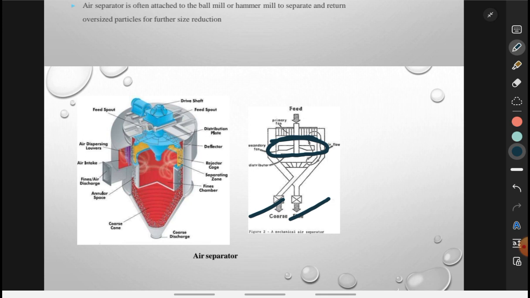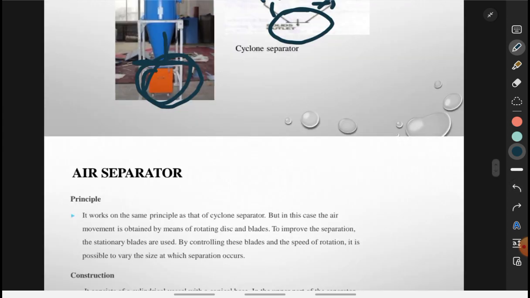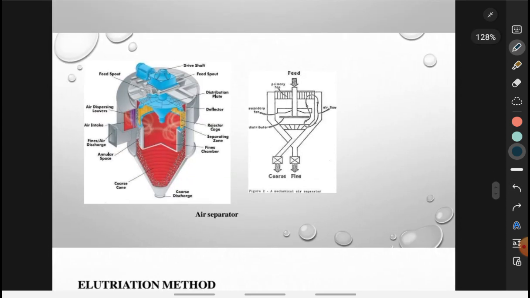Then coming to the working, the feed enters from the top, like you can see here, from the top the feed enters into the cylindrical vessel. The fan blades are set and produce the air current.